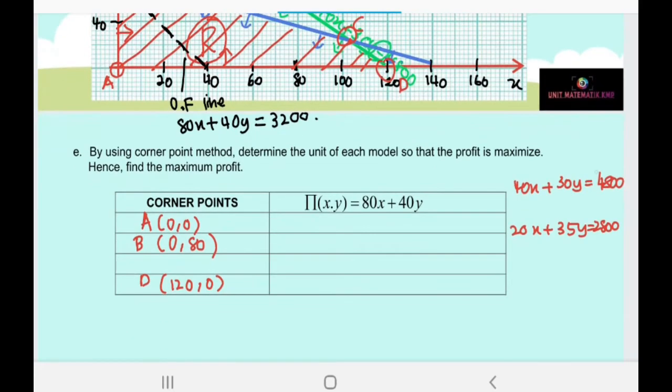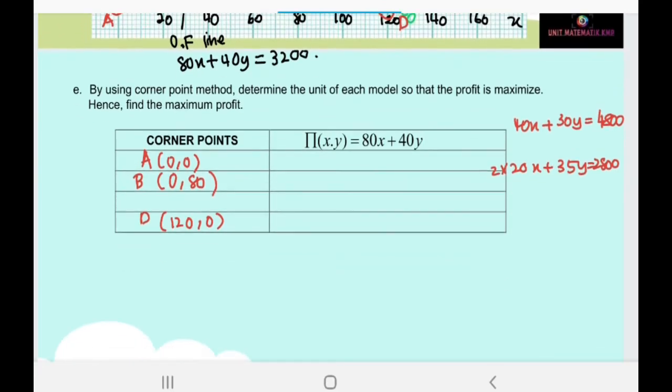So in order to solve both, multiply the second equation by 2, so you'll get 40x plus 70y equals 5600, which means that you will get a bigger number. 40x plus 70y equals 5600.